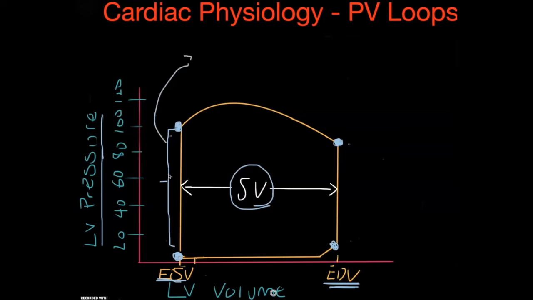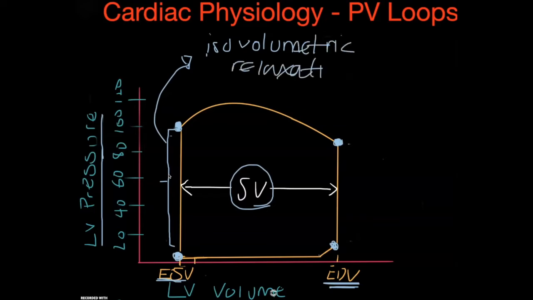Therefore, this part is called the isovolumetric relaxation. Okay, so this is the part where there's no change in volume, and the ventricle is relaxing.